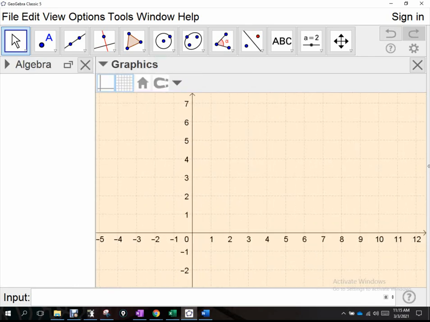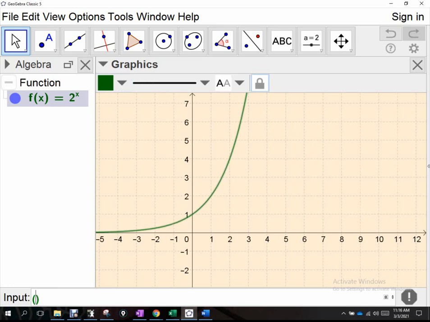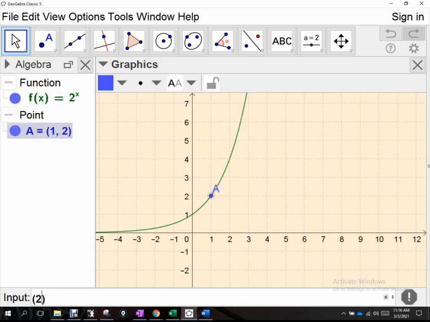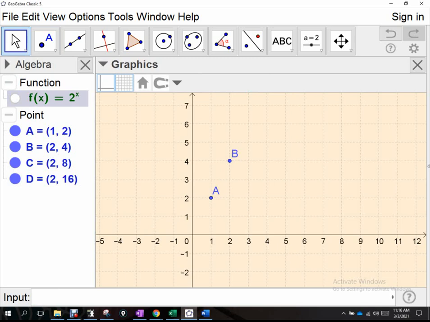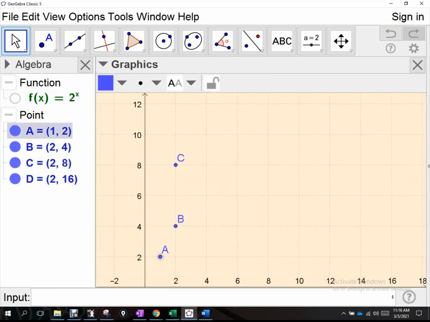If I take 2 and multiply it by 2, let's just do it this way. These points that I'm putting on here, this is essentially 2 multiplied by itself 1 time.